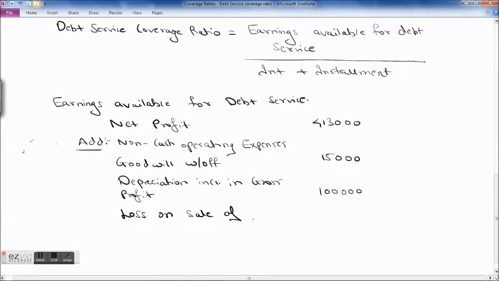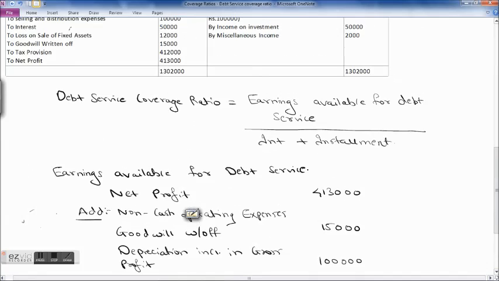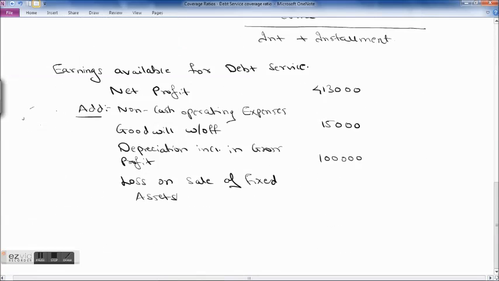How much is that? Loss on sale of fixed assets is 12,000. So this is a non-operating adjustment.